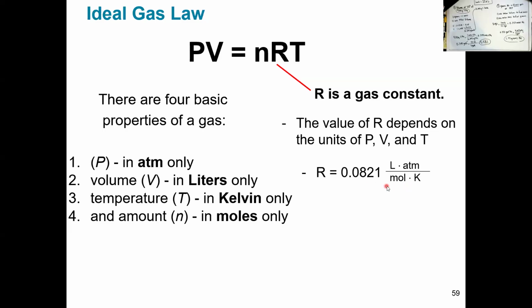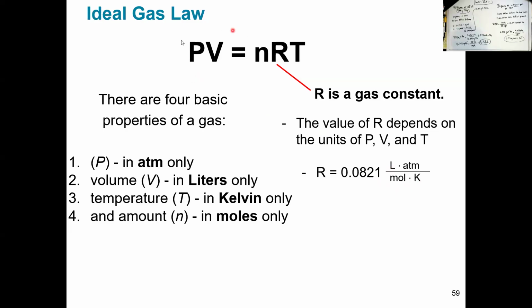But we're going to stick to this particular R constant. And the units that we're going to associate with it will be a volume in liters, a pressure in atmospheres, an amount of gas in moles, and a temperature in Kelvin.